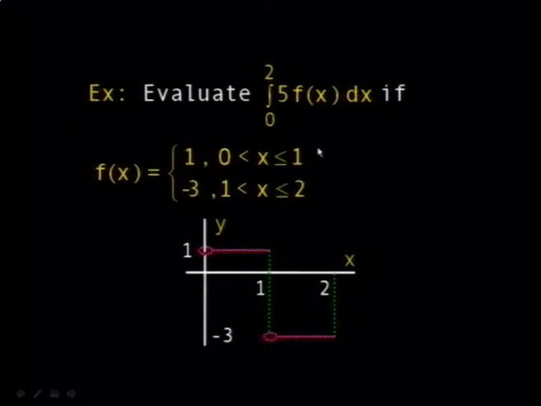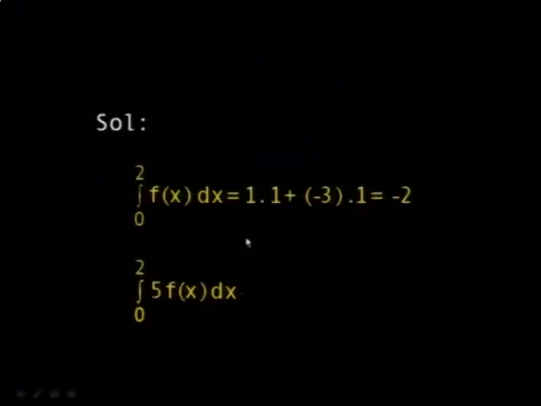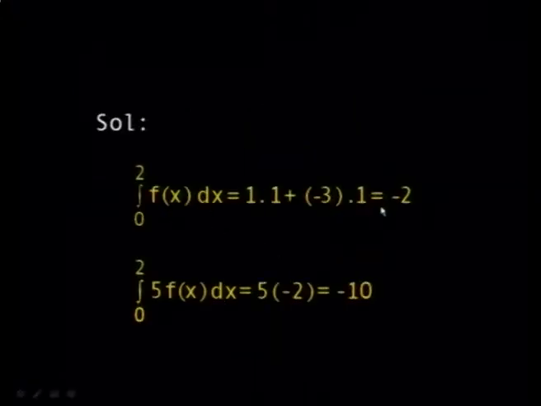Suppose now you wish to calculate the integral of 5 times this function. What you do is multiply c, which is 5, times your original integral. Since the integral of your original function is equal to -2, because you sum up directly the areas, here it's positive, and the other one is negative. I have to remind you that areas are not equal to integrals. For the area, you must take the absolute value, whereas an integral may be negative or positive.